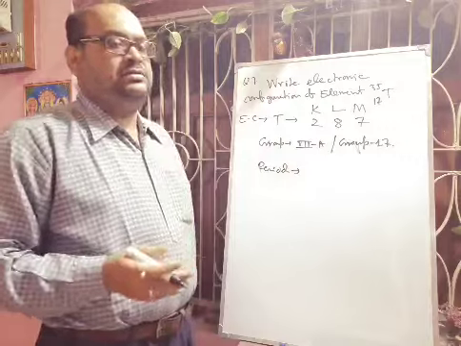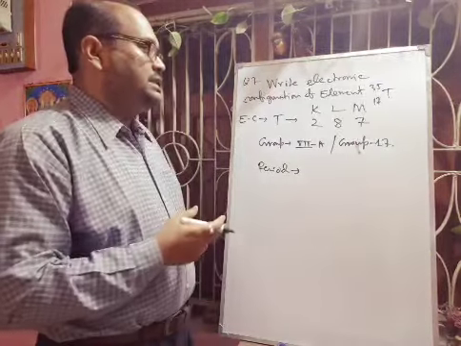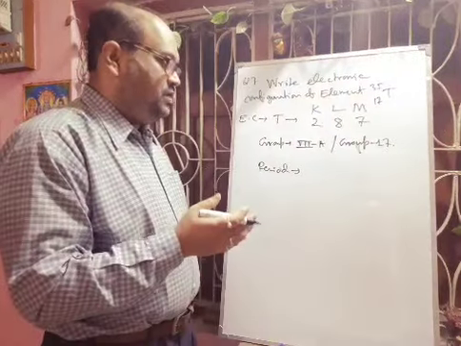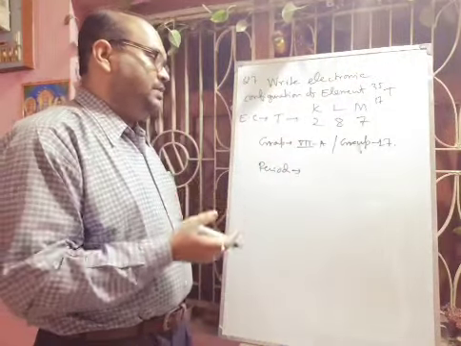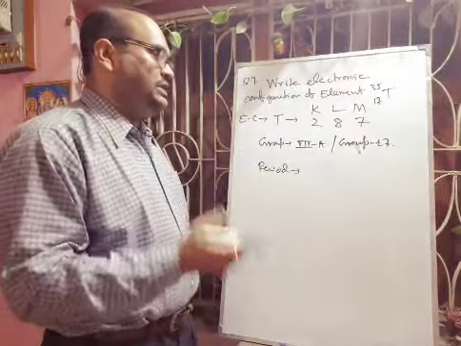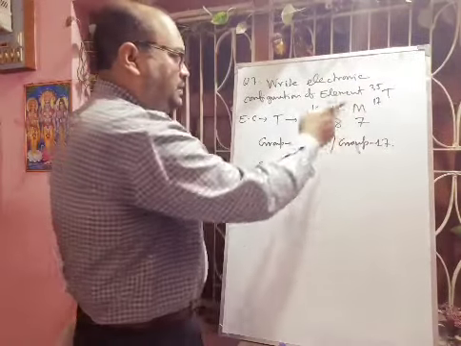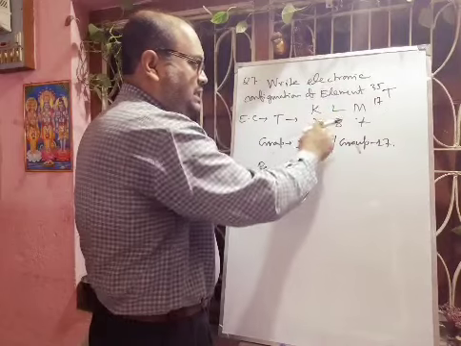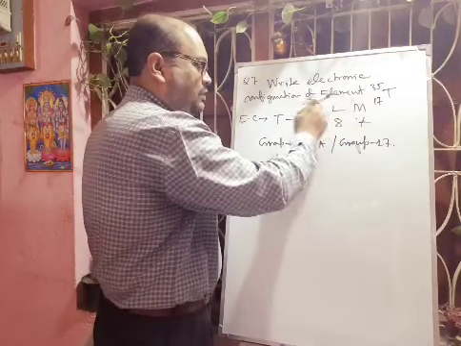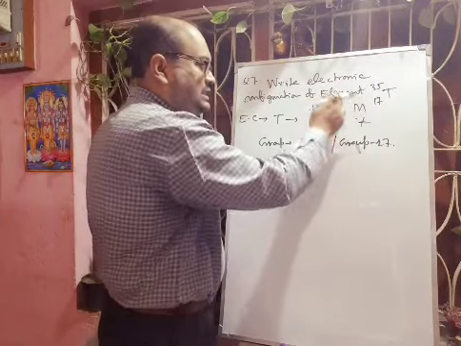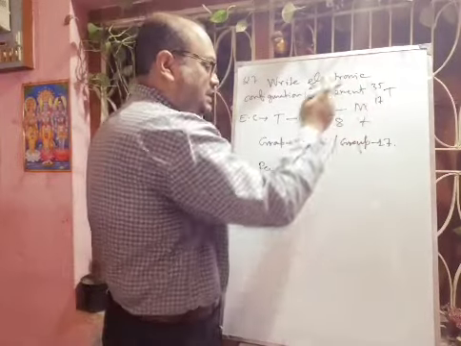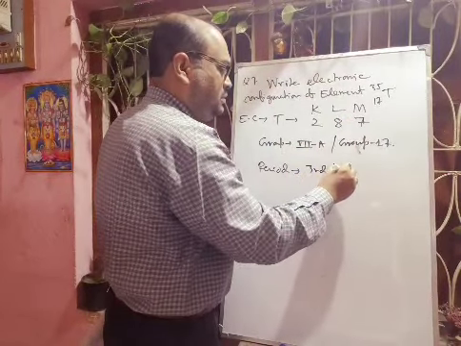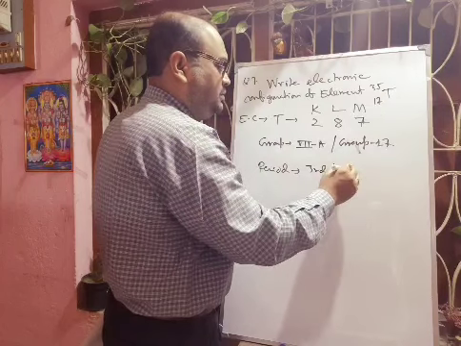You know that in the first period there are 2 elements, in the second period 8 elements, so 8 plus 2 is 10. Definitely it will be a third period element, and here M is there. When only K is there, it is the first period. With K and L, it is the second period. If M is there, definitely it will be the third period. So it is a third period element.